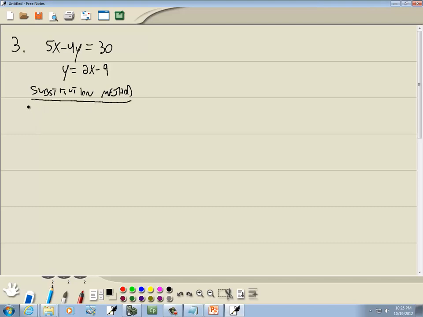Well, step 1. Solve one of the equations for one of the variables. Doesn't matter which one you pick. I'm going to pick the second equation because it's already solved for y.